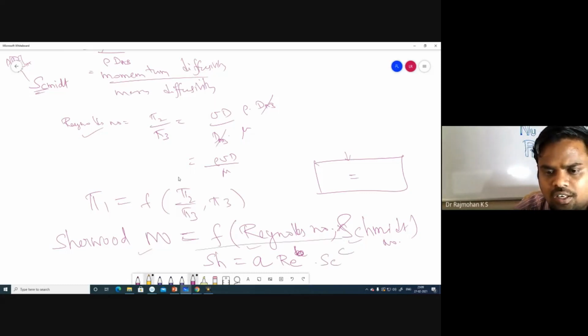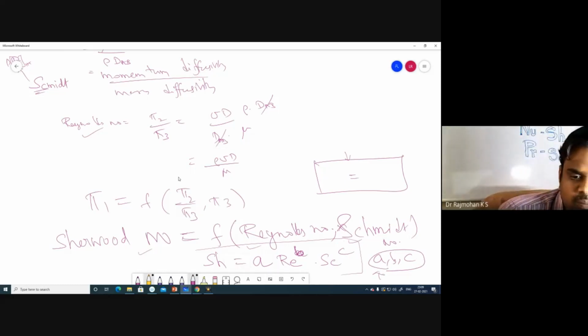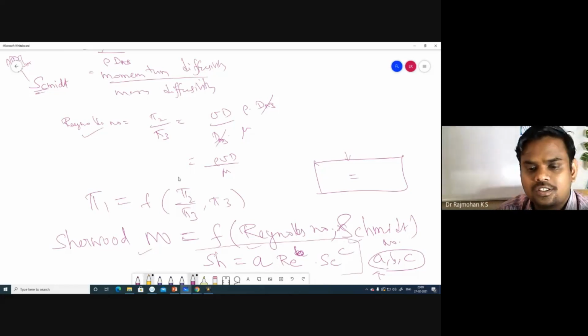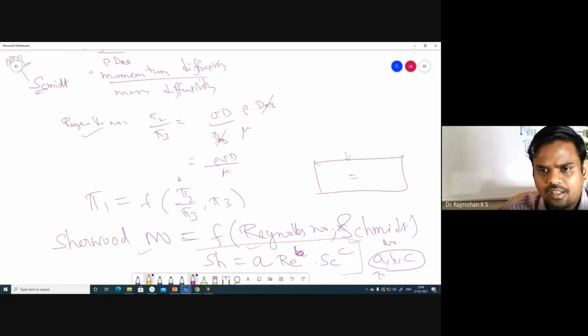That way we get a relationship, and these values of a, b and c are to be determined experimentally. That is why these are called empirical equations. These constants are not obtained from any fundamental equation, or even through dimensional analysis. These values will be obtained by performing experiments.